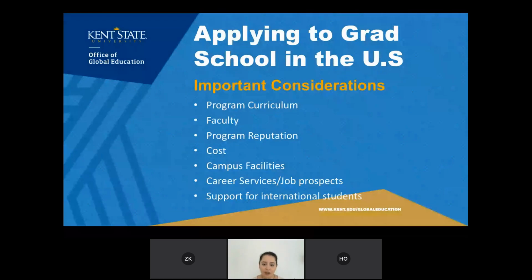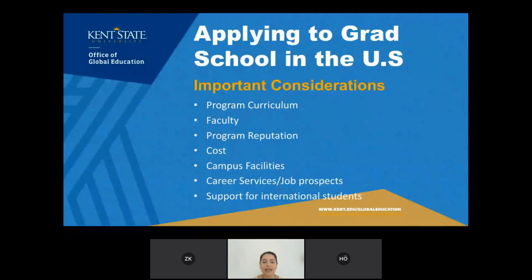Do they have research labs? Do they have libraries? What are the resources that are available to you? You really want to focus on getting the best value for your investment. And of course, something that you should ask is, what career services do they provide? What are the job prospects after graduation?